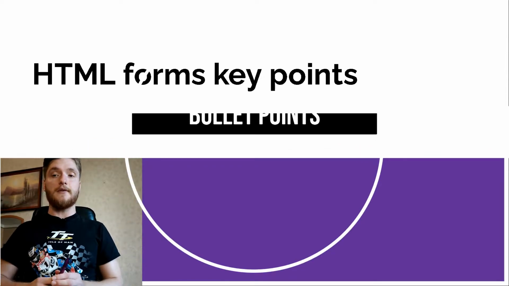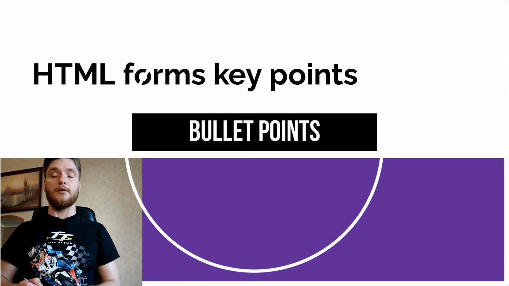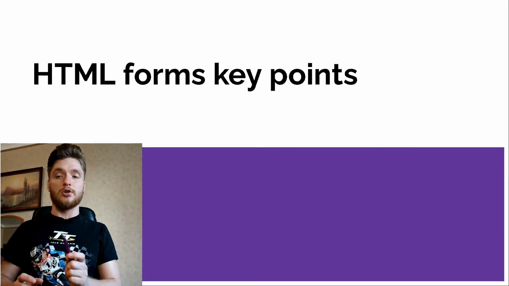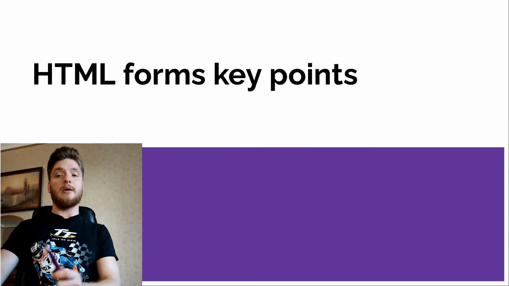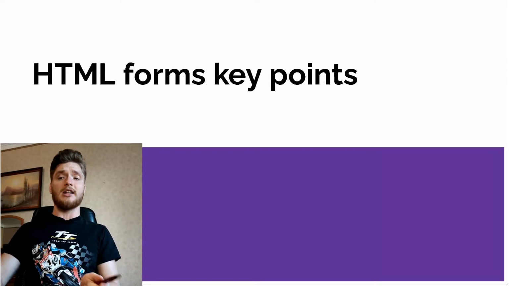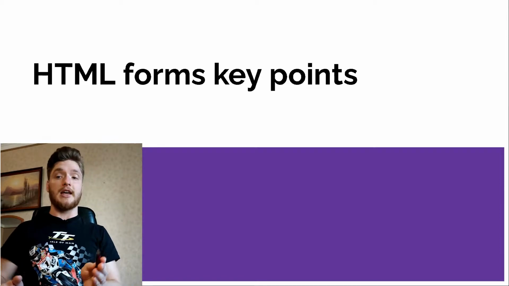Bullet points. The form element defines the form and all form input elements are nested inside it. The action attribute contains the URL of the server script. The method attribute contains the method of sending the form data, either post or get. A post packages form data and sends it as part of the request.